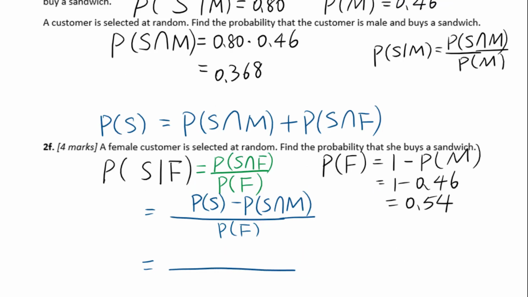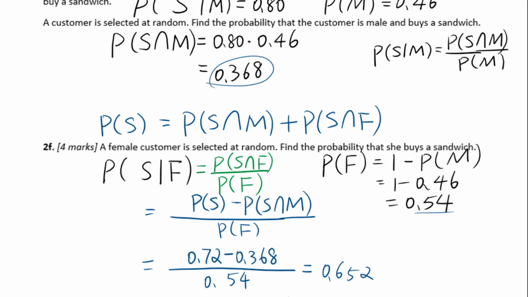That equals 0.72 minus 0.368, the probability of sandwich intersection male, over 0.54, the probability of female. This equals 0.652.